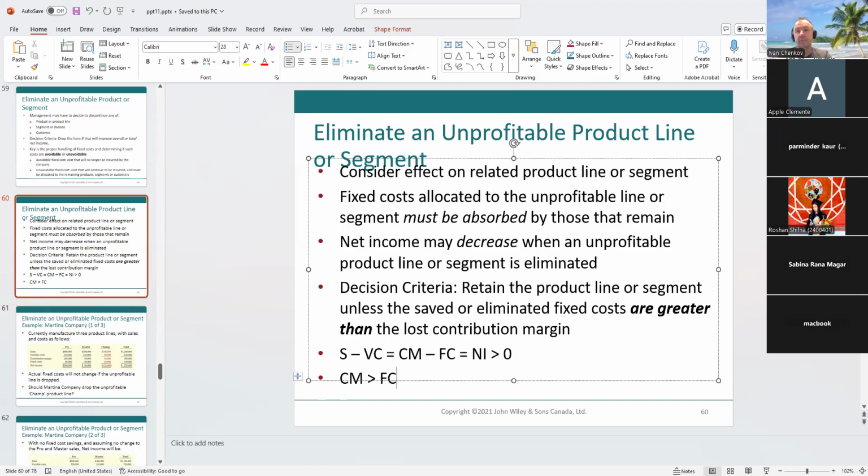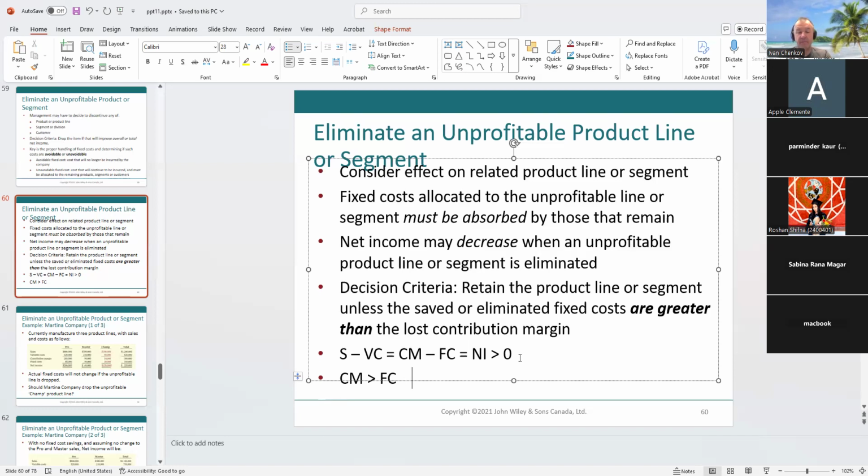Yes. So, if my contribution margin is more than the fixed cost and I decide to eliminate that product, what's going to happen with my income? It's going to decrease.